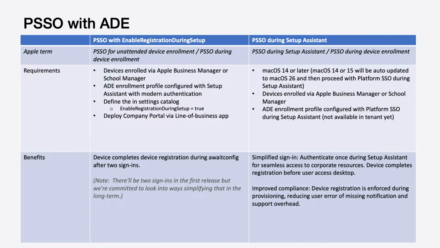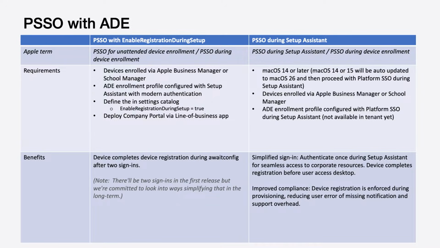The first one, enable registration during setup, is not released yet, but it will be released as part of the PSSO during await config feature when we make it available. And that has to be set to true for this new flow to work. And the second key is enable create first user during setup. This has to be set to false. Together with all of these settings, the flow will work as expected.